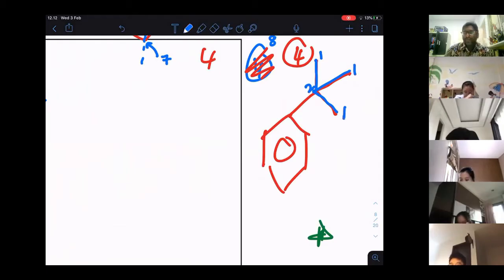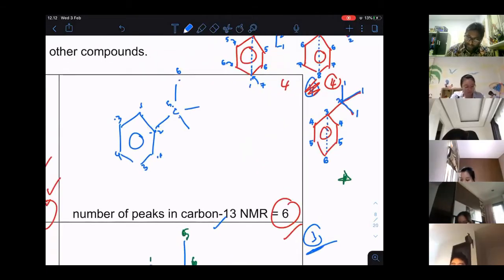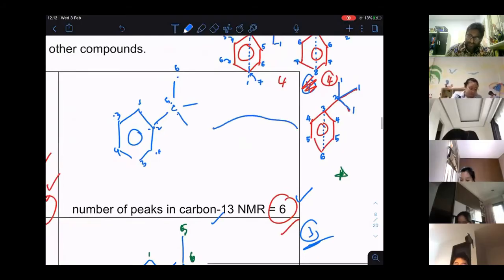This is also 1, bonded to 2. This is going to be 3. Make it symmetry. 4, 4, 5, 5, 6. So there are a total of 6 different environments. So 6, this is going to be automatically this one.